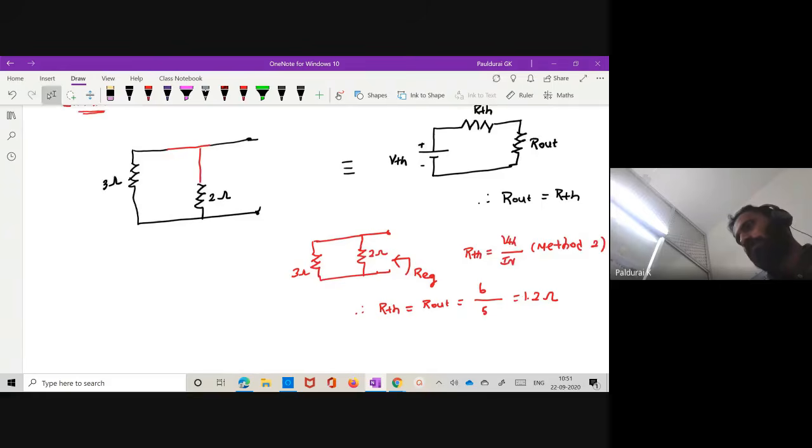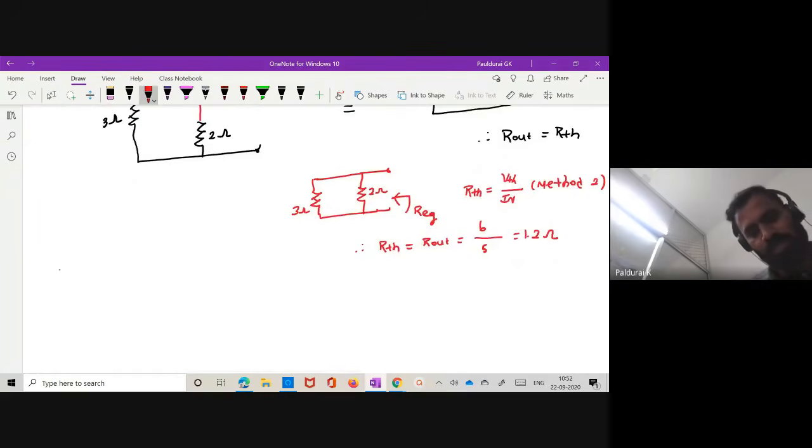Shall we solve the next problem? This time, find the Norton equivalent, okay? And calculate R out for maximum power. Example number 2.